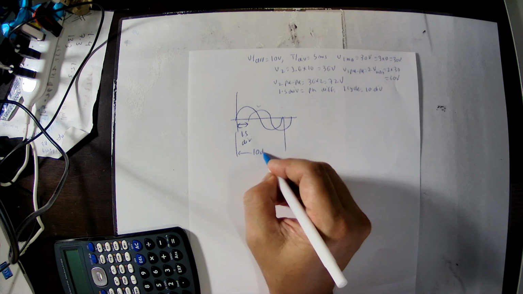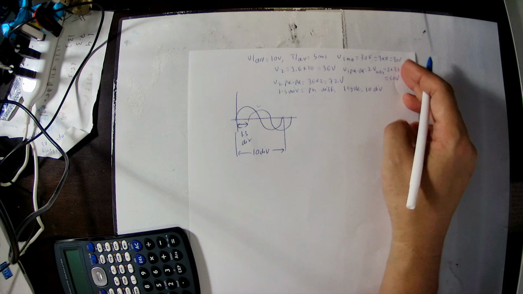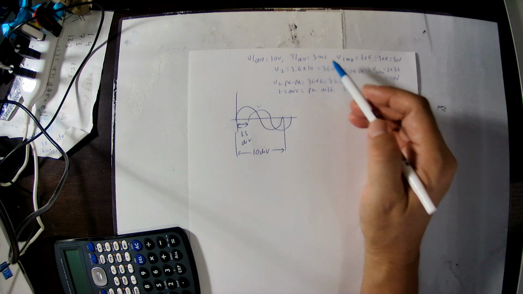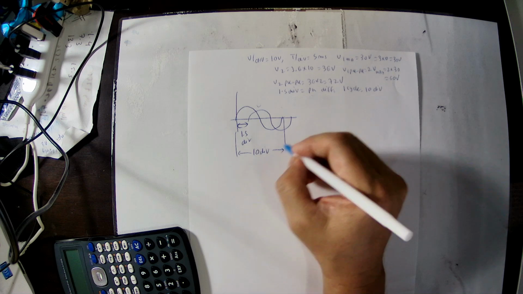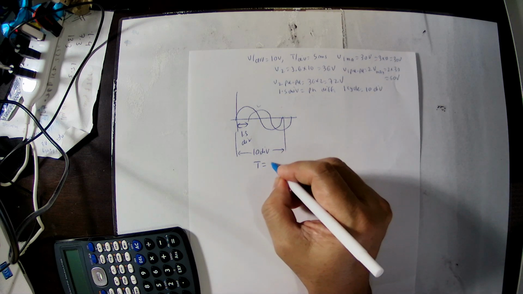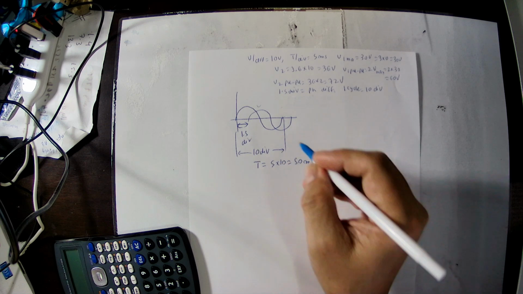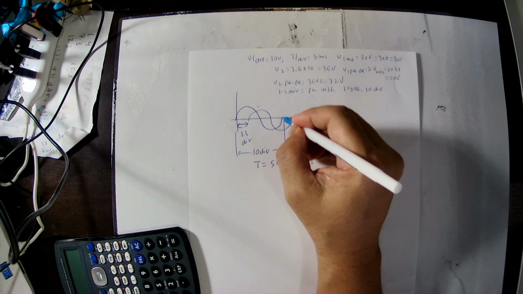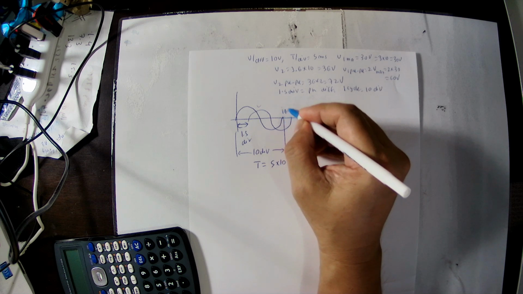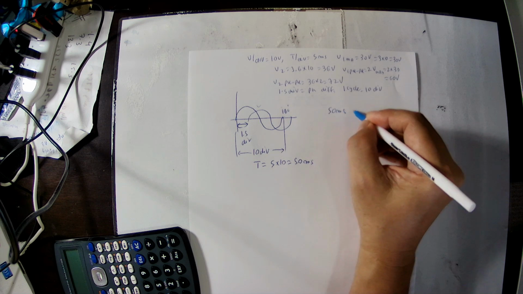So we need to calculate the phase difference. 1 division is 5 milliseconds. So 10 divisions, the time can be calculated: 5 milliseconds times 10, this is 50 milliseconds. This 50 milliseconds here is 180 degree. So we can calculate: 50 milliseconds relates to 180 degree.